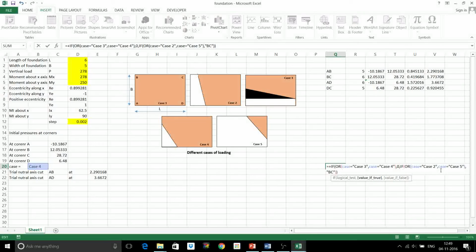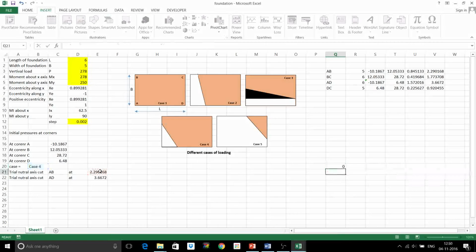And for 2 and 5, x will be the intercept. Okay. Then y for that coordinate? Same formula I will copy here.